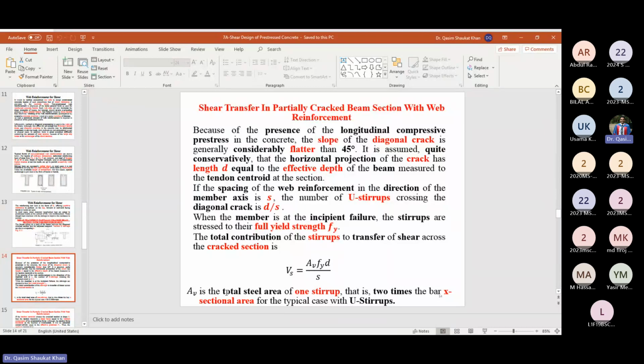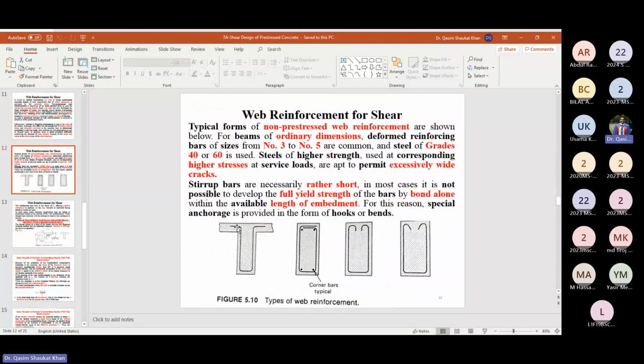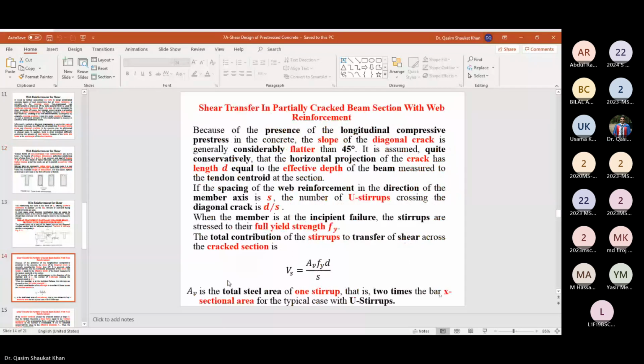So Av is the total steel area of one stirrup, that is 2 times the bar cross-sectional area, because you are providing U-shaped stirrups. So this area will be considered twice, 1 and 2. Everyone agrees to this point? Yes, sir. Okay.